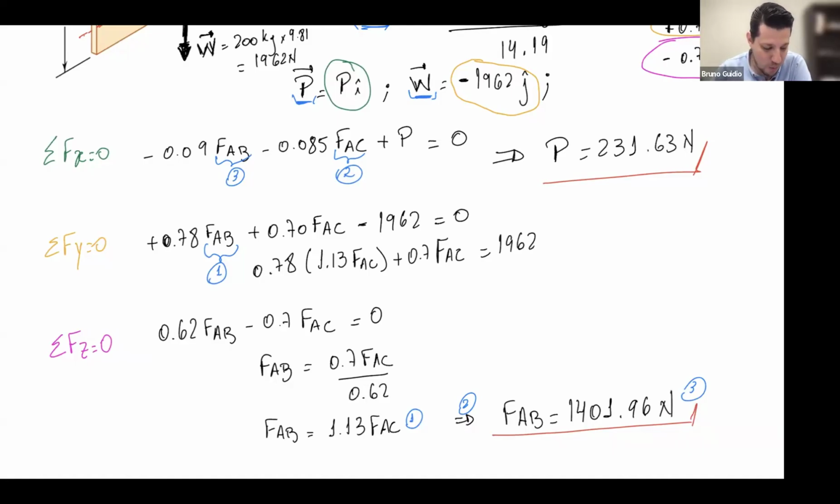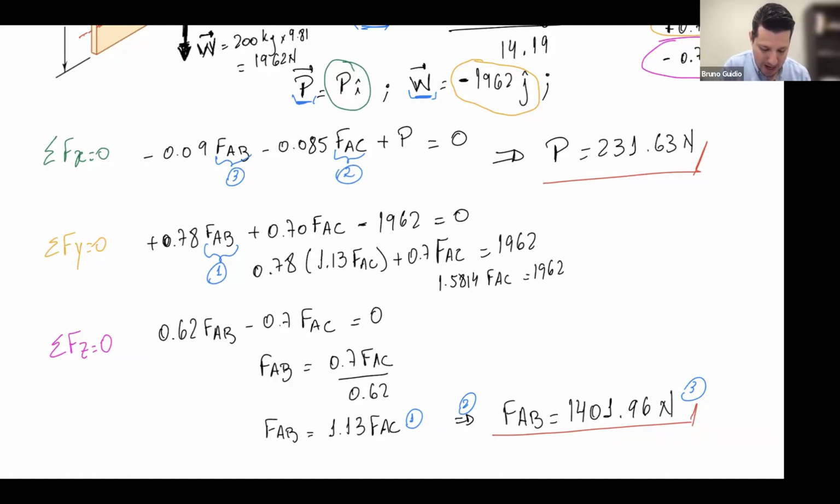Then you're going to multiply: 0.78 times 1.13 plus 0.7. At the end, I will have 1.5814 FAC equals 1962.